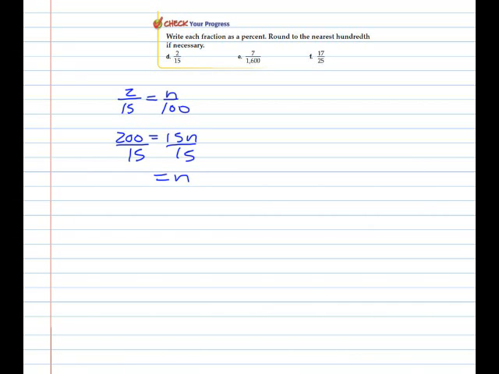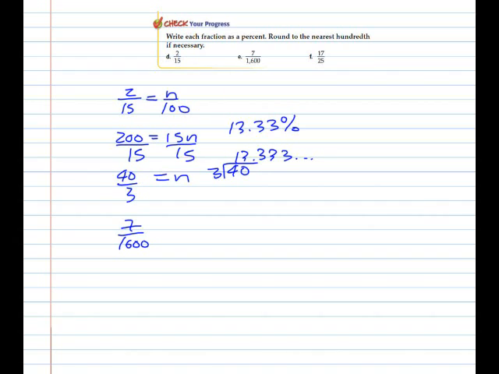And I can simplify 200 over 15 by dividing both of those by 5. Gives me 40 over 3. When I divide 40 by 3, I get, as a decimal now, 13.333... So if I'm rounding this decimal to a percent to the nearest hundredth, it would be 13 and 33/100%.